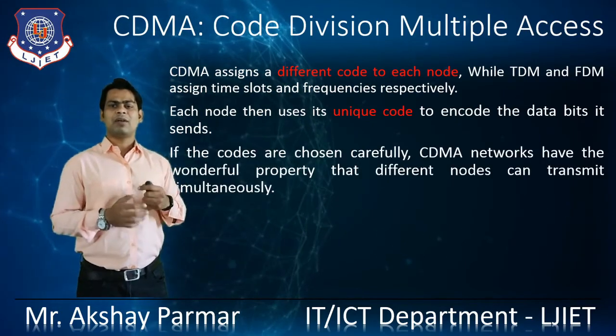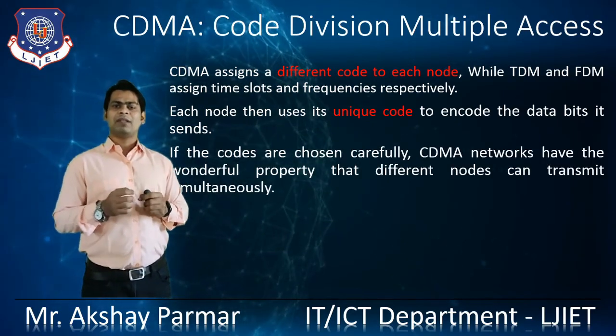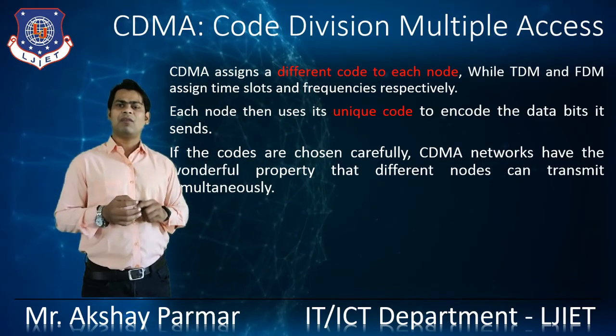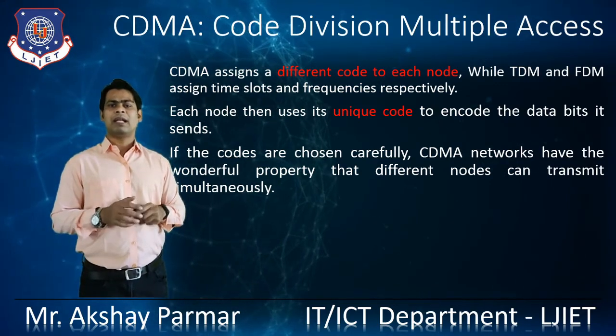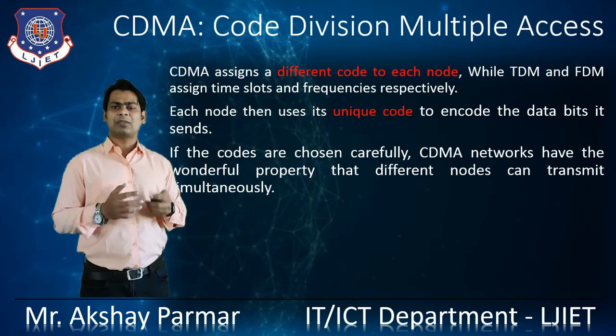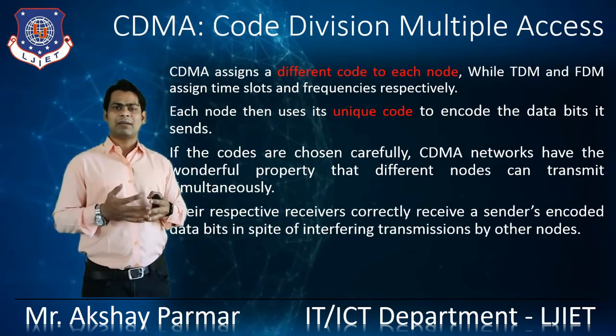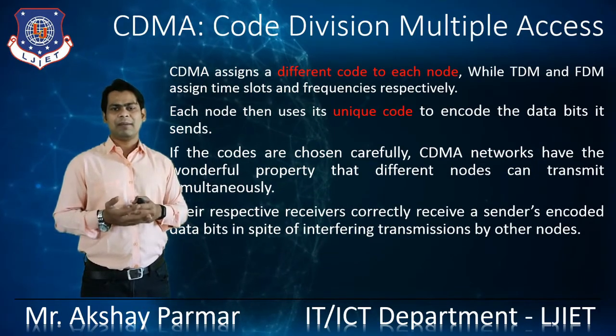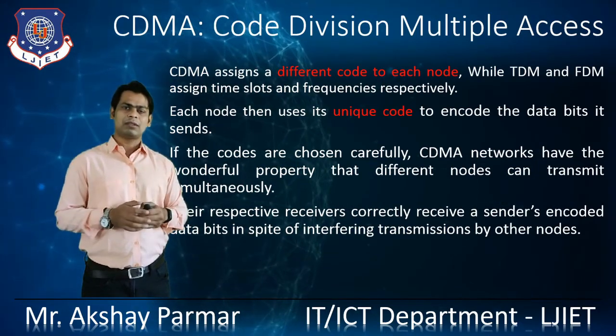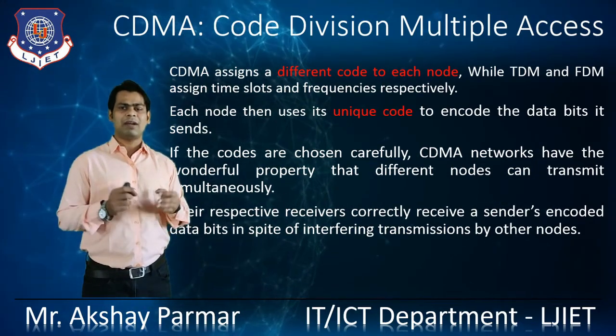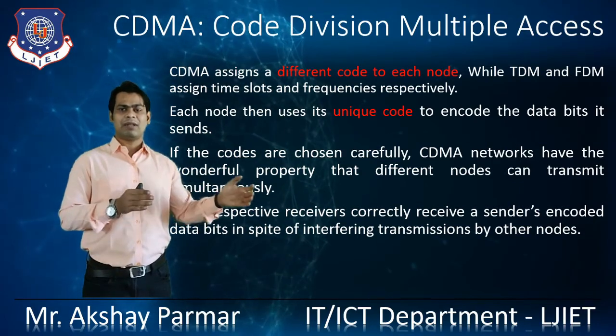If the codes are chosen carefully, CDMA networks have the wonderful property that different nodes can transmit simultaneously, right? In our example, we have seen that in the TDMA the nodes have to wait for some time, the idle time where they are waiting.